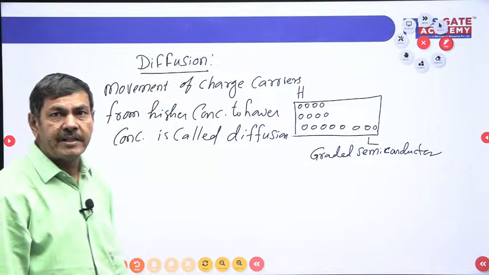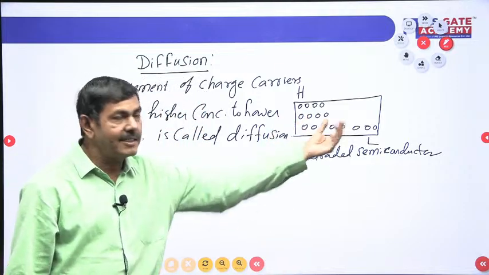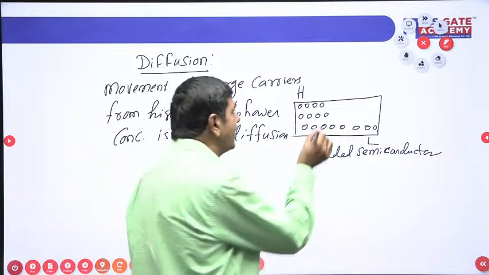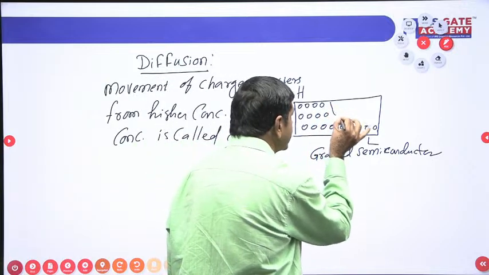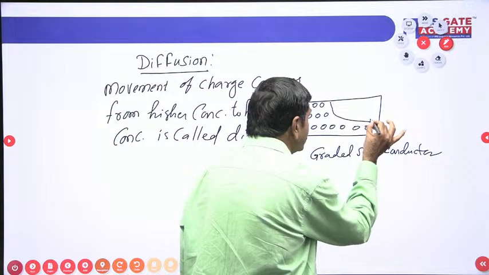One side we have the higher concentration of the charges, the other side the lower concentration; at that time diffusion takes place, from higher to lower.